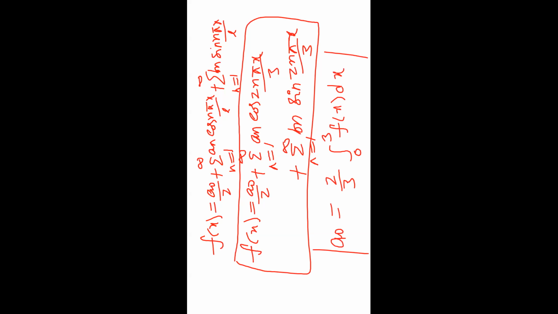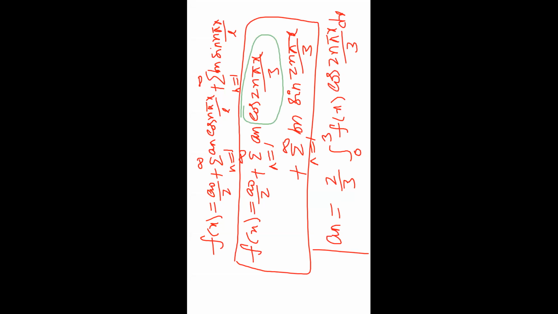And an is also 2 by 3 integral 0 to 3 f of x into the multiple of an. The multiple of an in the expression is cos 2n pi x by 3. So here also we have to write cos 2n pi x by 3 into dx.